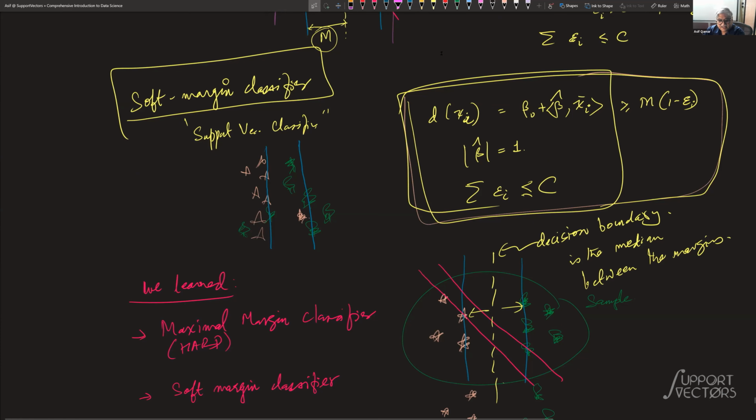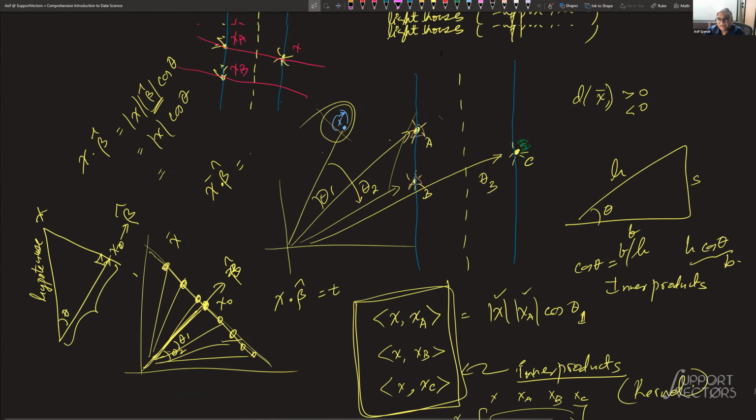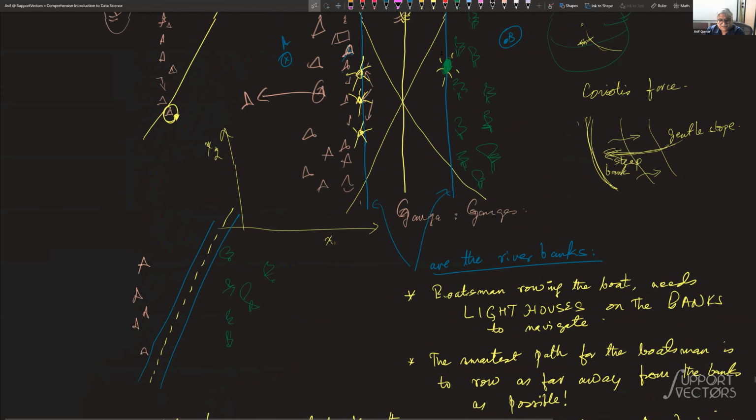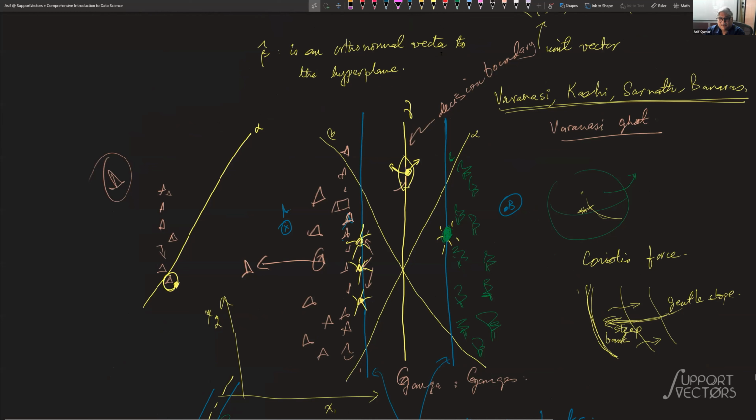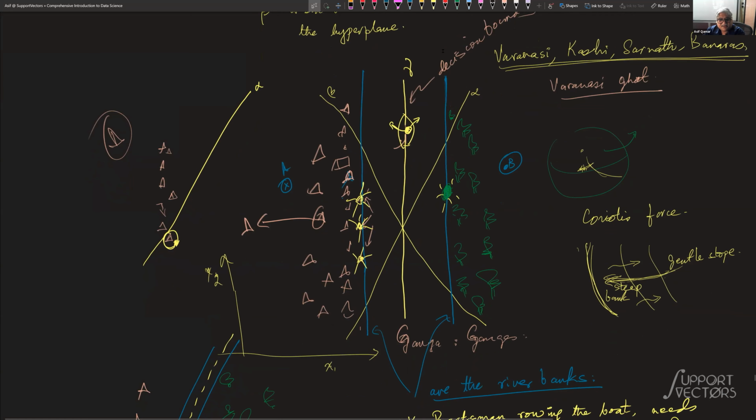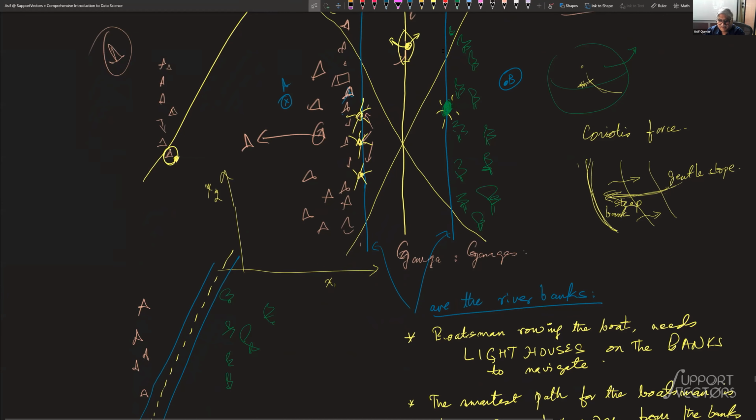It's 12:15. Let me first review what we have done. So today we used the analogy of a river and its banks and the boatsman to learn about the concept of maximal margin classifiers. Right?